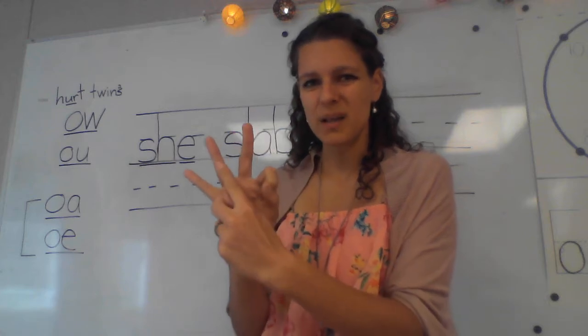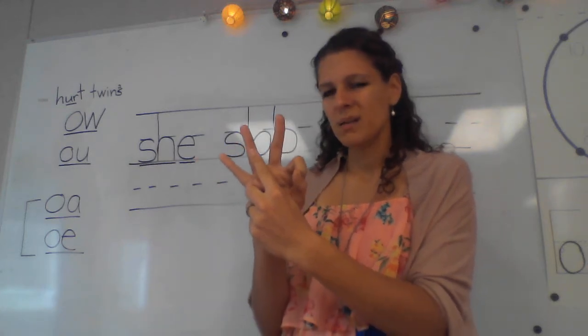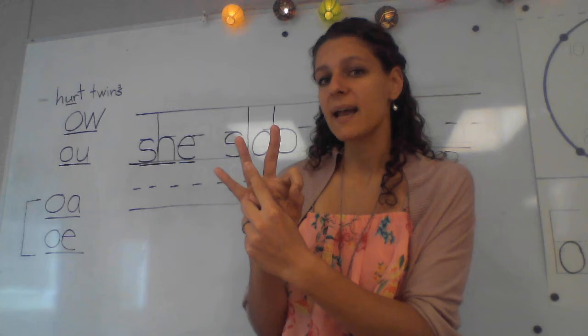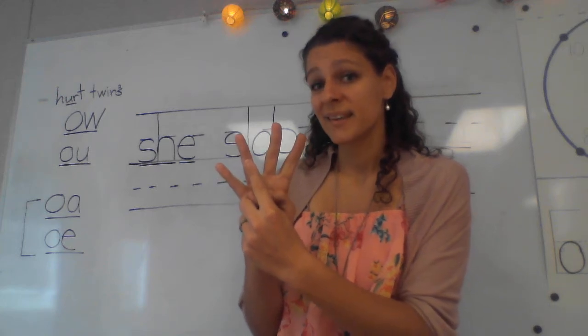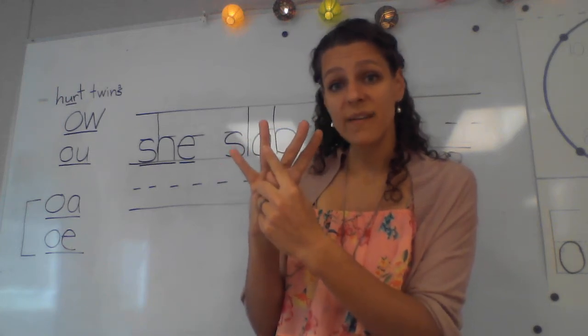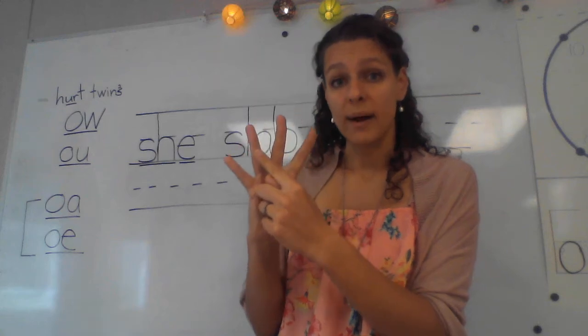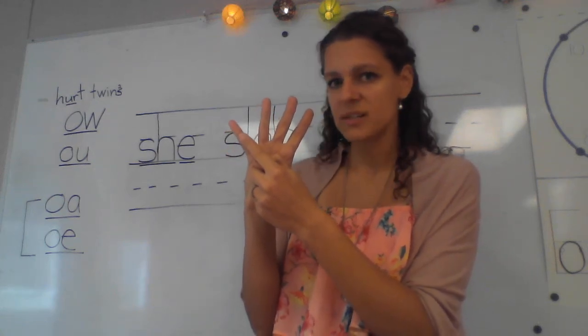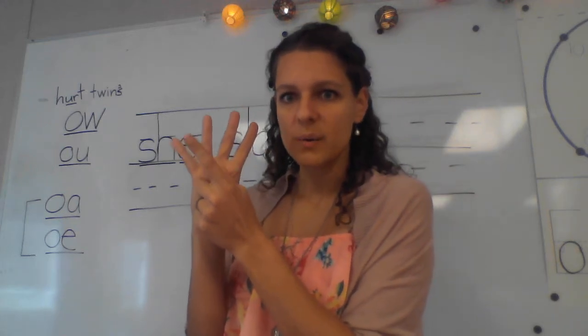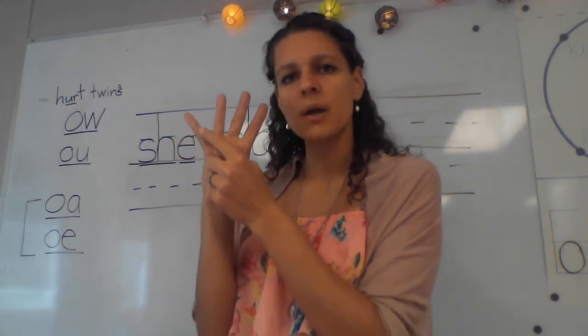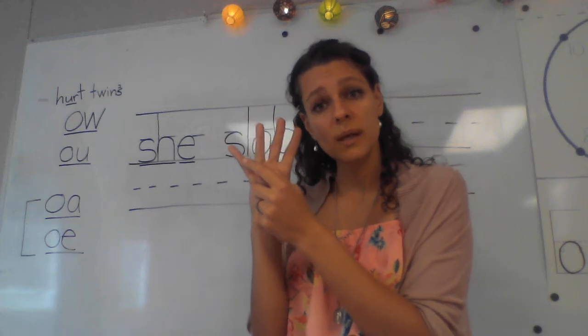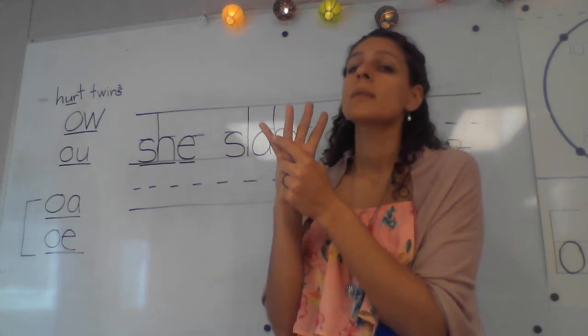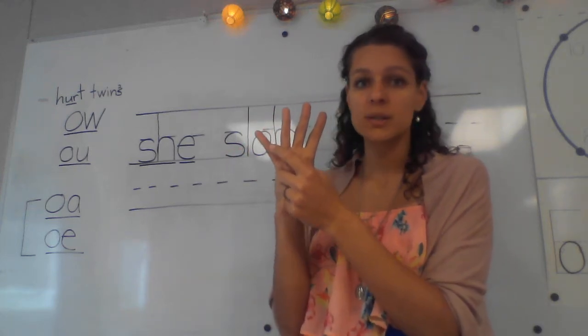So we need something that will make it say its name. What can we put that will make it say its name? Good. We'll put a silent final E, job 1. And for k, if I don't tell you any directions about k, which k do we use? Good. We use k, s.